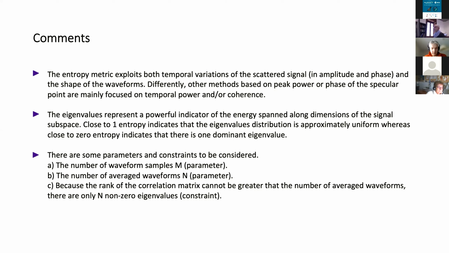This metric also depends on the complex values of the correlations, because the correlation matrix is based on complex waveforms. So it includes the shape of the waveform, the temporal variation of the waveform, and phase.